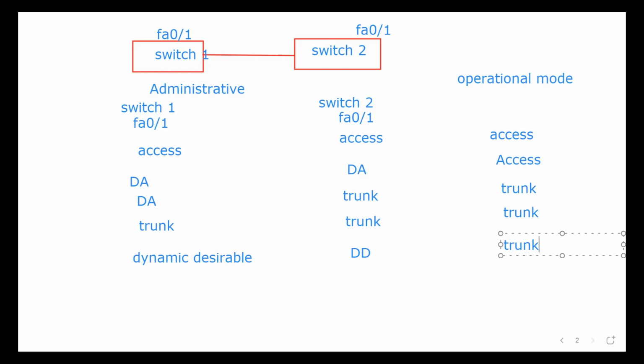When switch 1 is in dynamic desirable mode and switch 2 is in dynamic auto mode, what is our operational mode? Trunk.